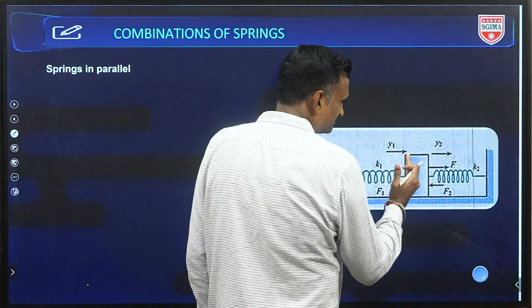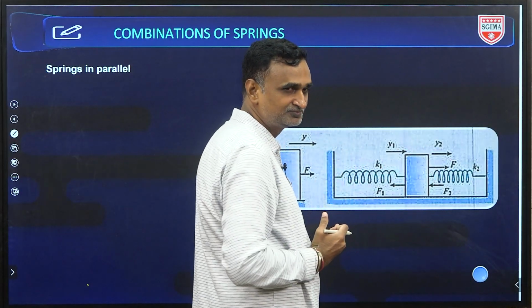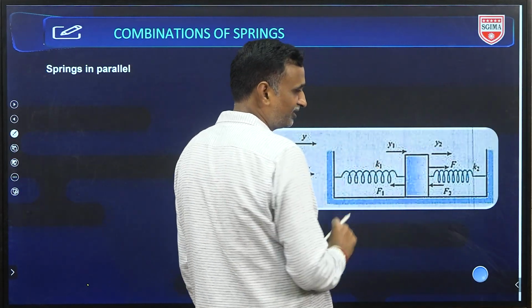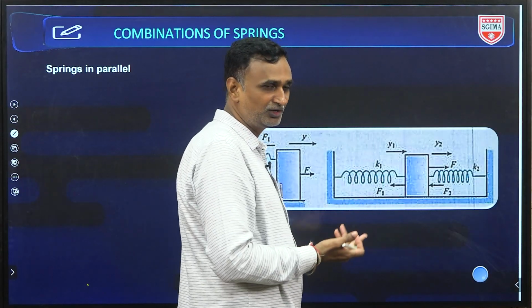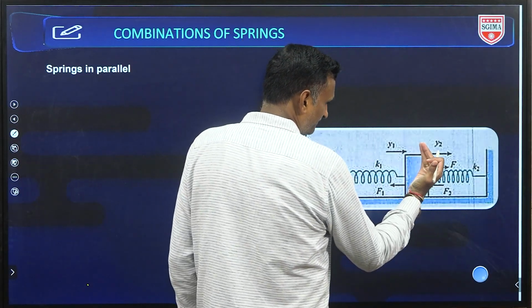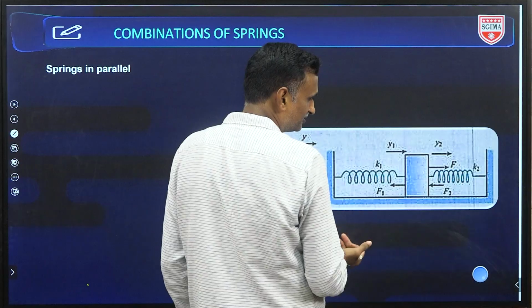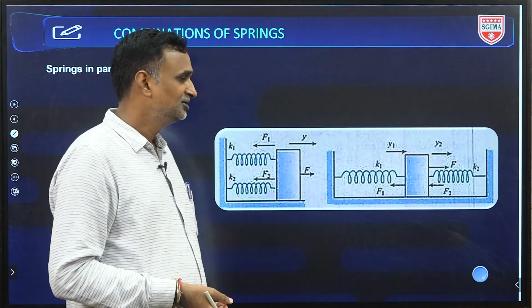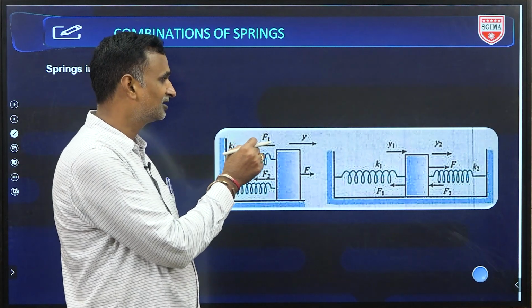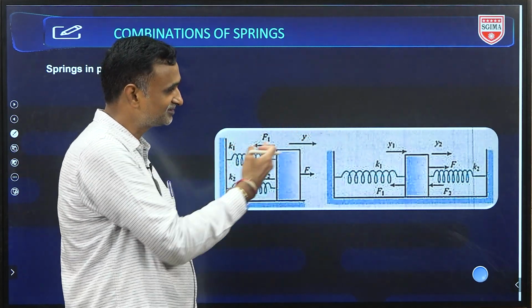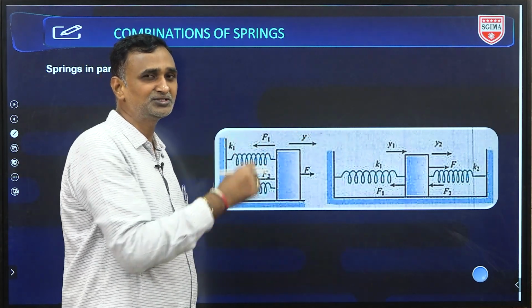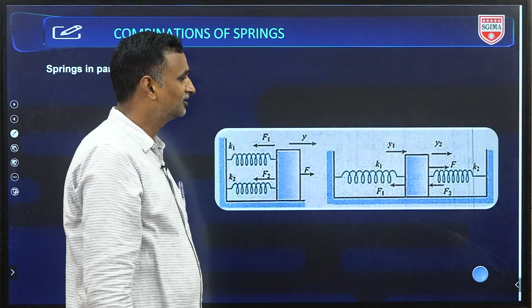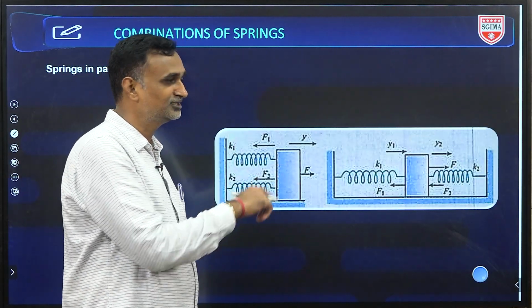Whenever I compress this one by y displacement, the length stretched here is y only. Whenever we compress this side by y, the other spring will be extended or stretched by y. So when the block is moved to the right side or left side, the deformation of the spring lengths is the same on either side, but one is compressing and one is stretching.